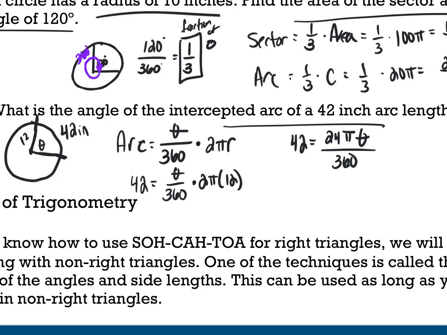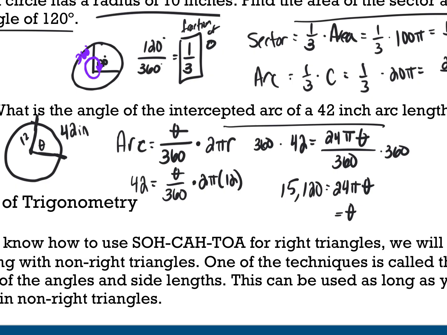So it's just a two-step problem after I do a little bit of cleaning up from plugging in. So 360 times 42 gets me 15,120 equals 24 pi times the angle, and I divide both sides by 24 pi.